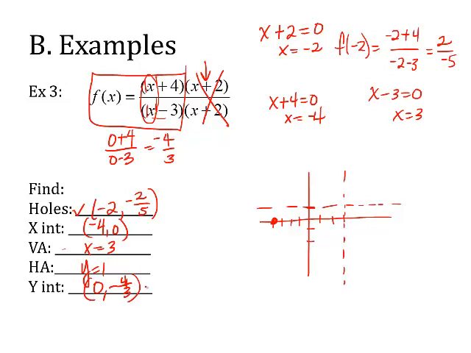Now, -4/3 is really -1 and 1/3, remember? So it's a little bit more than -1. Now, where's the hole? The hole is at (-2, -2/5). Negative 2/5 is less than 1, right? So it's way up here. So my curve is doing this business.